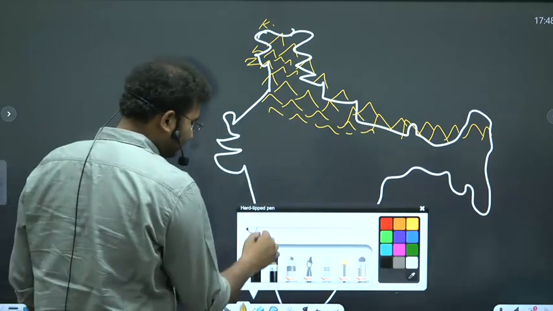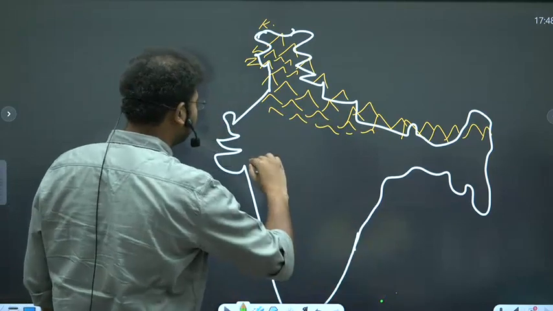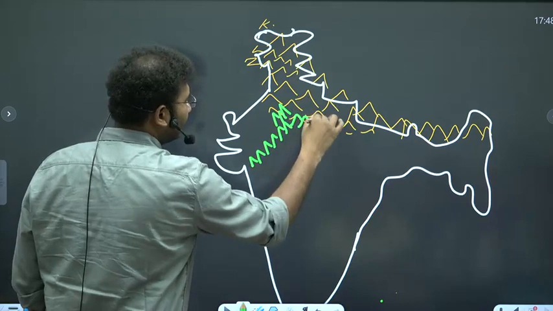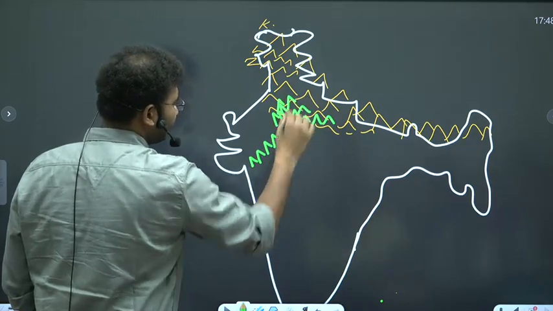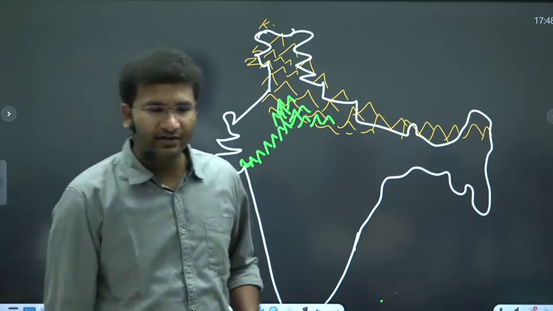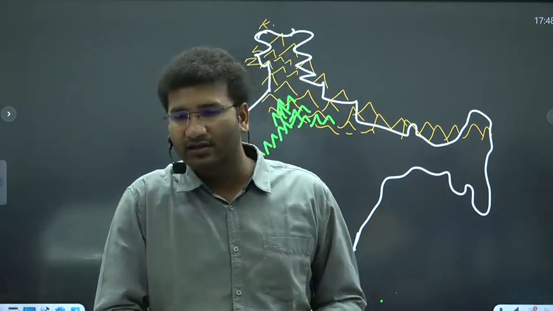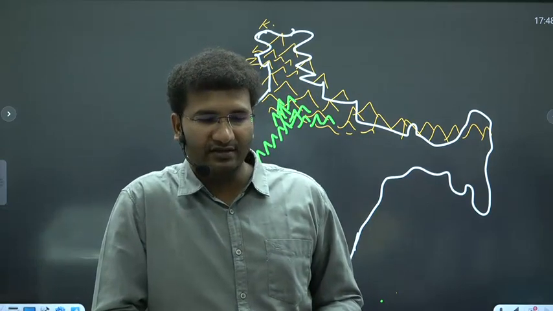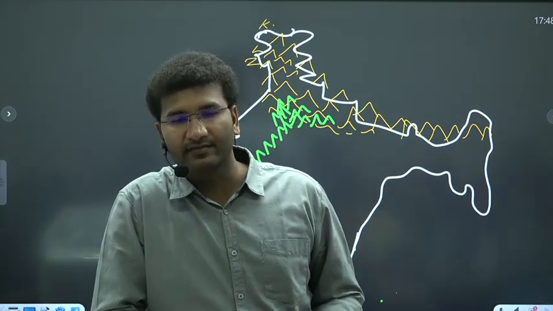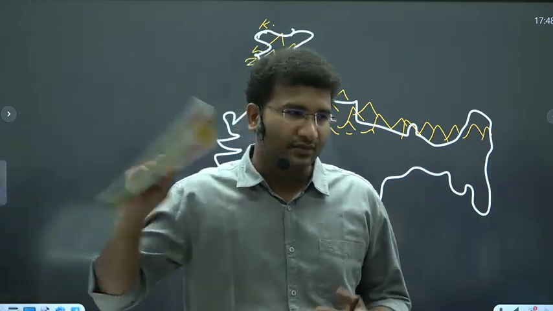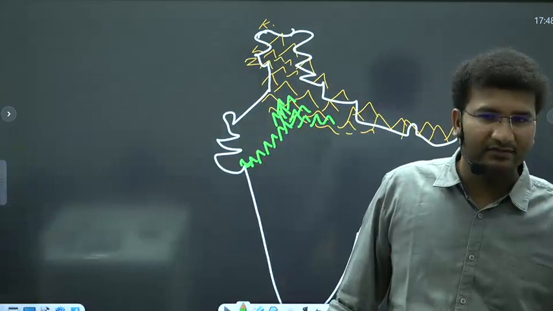The next major chain of mountains, which are also fold mountains, are called Aravallis. These Aravallis are present from Gujarat. The highest peak of Aravallis you will find in your atlas in the name of Mount Abu, Guru Shikhar. Open the map of Gujarat. In the Gujarat physical map you will find it.